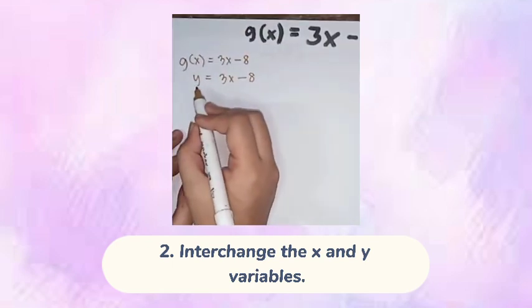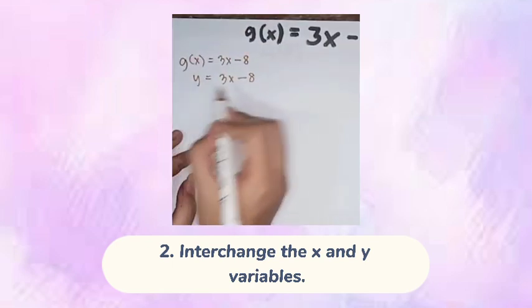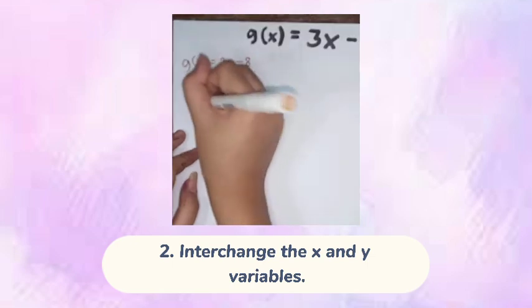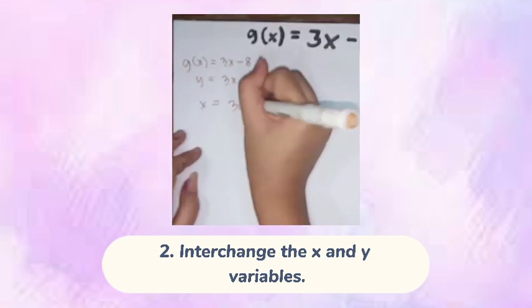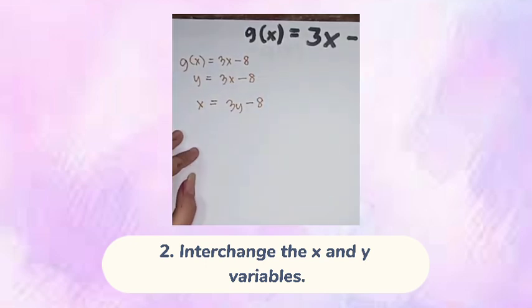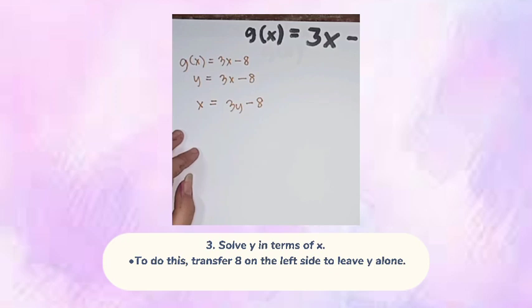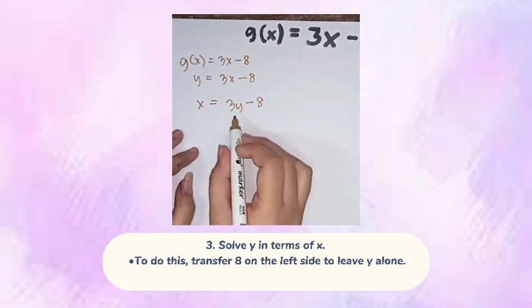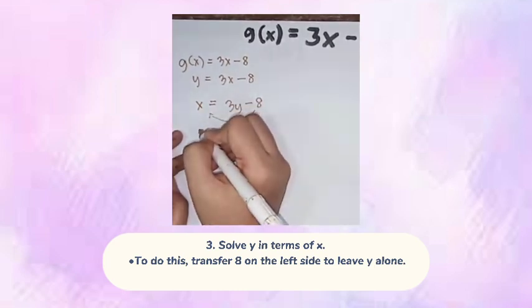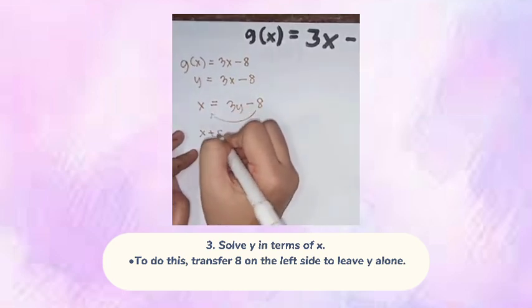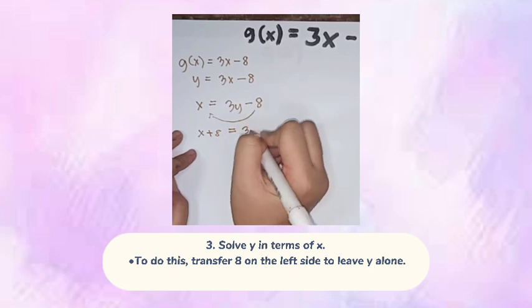Next step, we are going to interchange the variables y and x. So this becomes x is equal to 3y minus 8. Now let us solve for y in terms of x. To solve for y, let us transfer 8 to the left side.